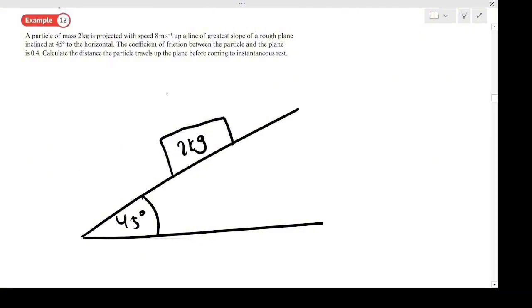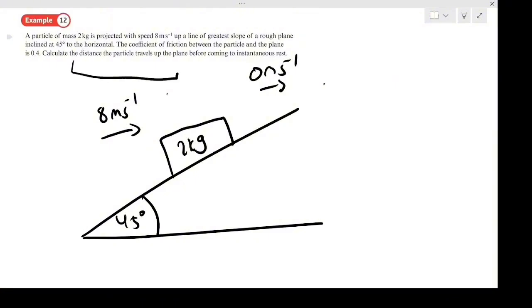So it starts with speed of 8. Then it ends up before coming to rest, so it ends up with 0 speed. And it's asking me to calculate the distance it travels, essentially, right?